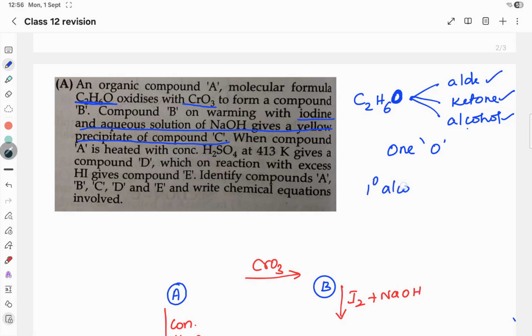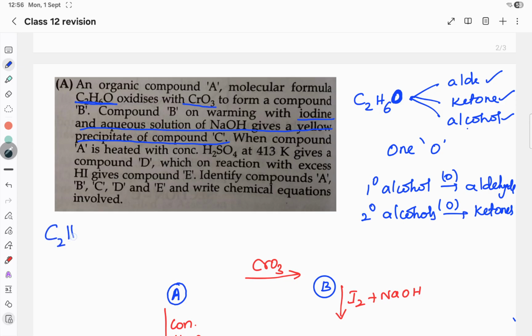Primary alcohols will give aldehydes, and secondary alcohols on oxidation will give ketones. So compound A is going to be an alcohol.